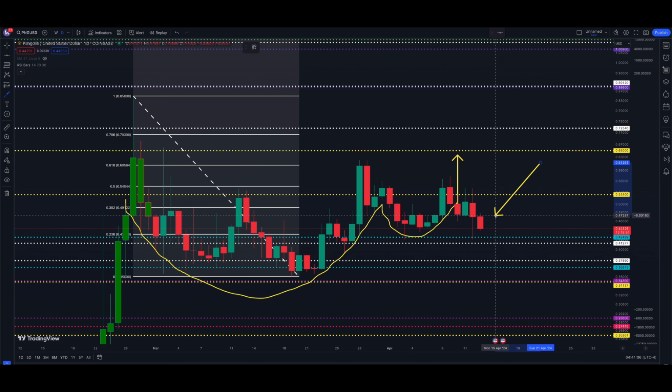Also, if we take a look to the left of the chart, the cup with handle is starting to really break down on us here, but we're keeping an eye on it. We're not going to ignore it. The low of the handle, so this would be the handle pattern right here, the part of the cup with handle. This is the handle part. The lows on the 3rd of April were tested yesterday.